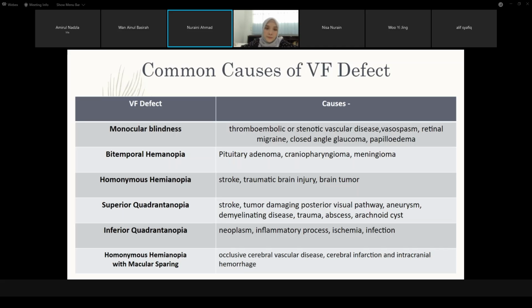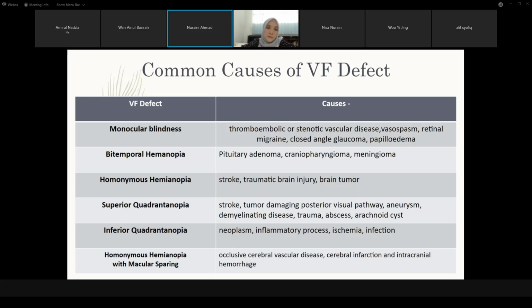Yang membezakan semua ni adalah the location of the stroke tu. Kalau superior, maksudnya ada defect on the superior vision kan. Maksudnya the stroke ni dekat inferior retinal fibers kita. Bila ada stroke kat inferior retinal fibers, sebab tu kita tak boleh terima superior vision. That's why it depends on the location of this disease ni lah.